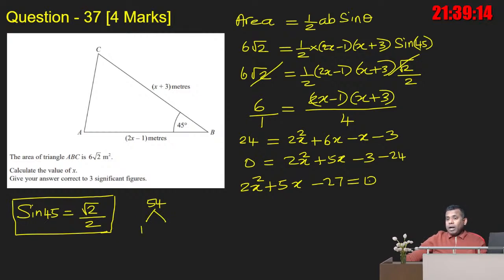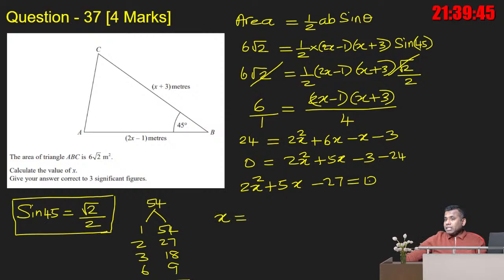So 1 and 54, 2 and 27, 3 and 18, 6 times 9. The question asks for a decimal answer, so there are no factors that give the 5.